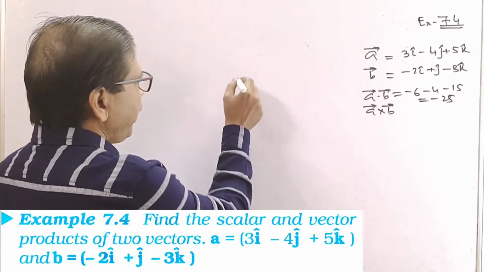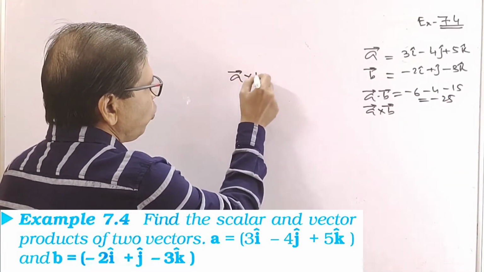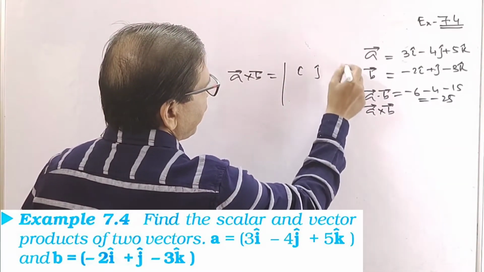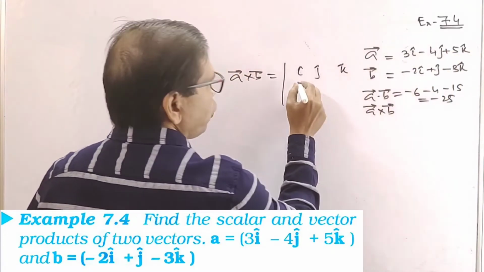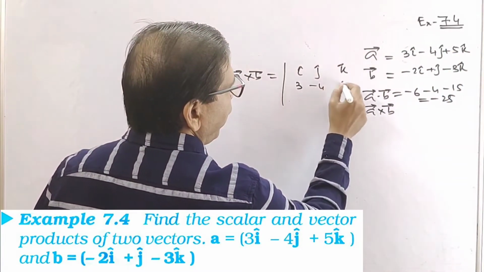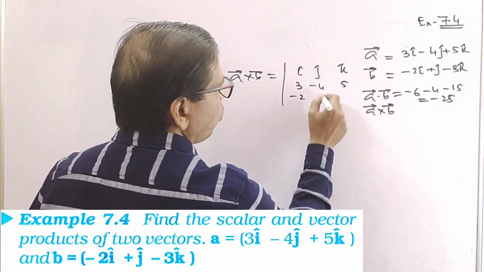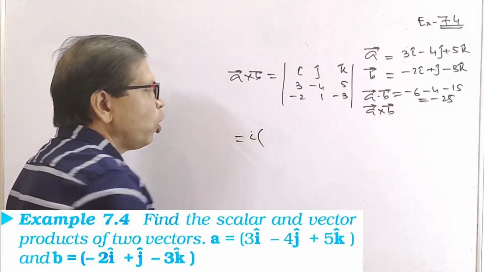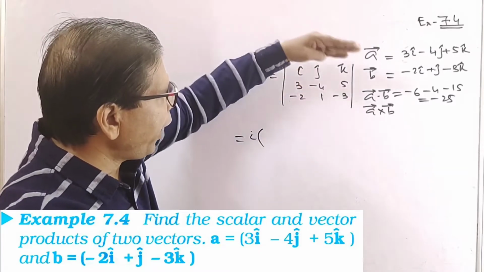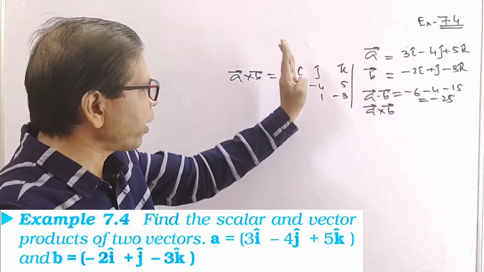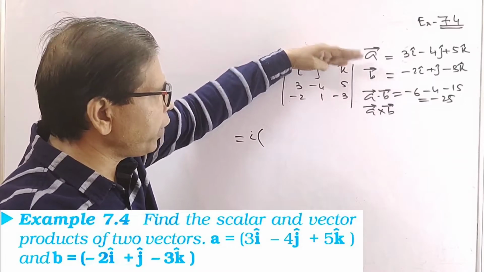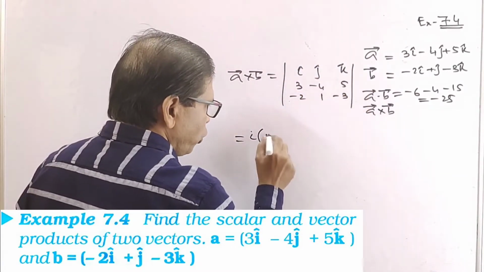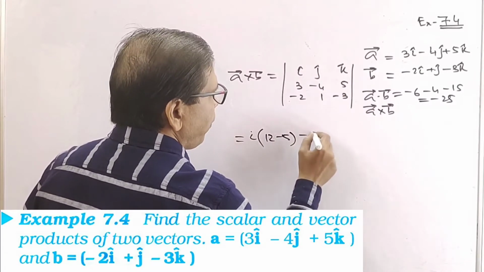Okay. Now A cross B is equal to, look at this, i cap, j cap, k cap, and here the coefficients are 3, minus 4 and 5, and minus 2, 1, minus 3. Now look at this, here i into, look at this, the column of i and row of i are omitted. So look at this, it is 12 minus 5, minus j cap.